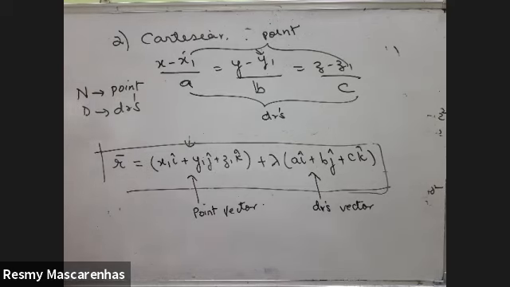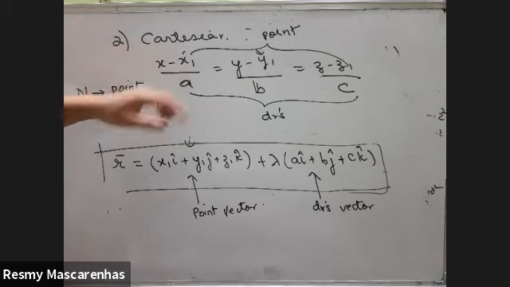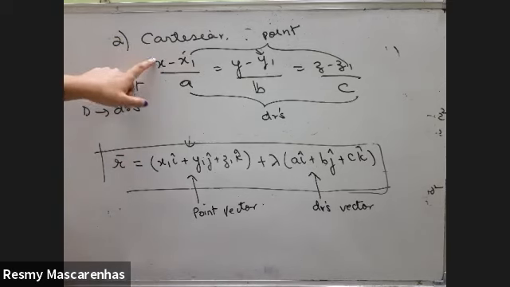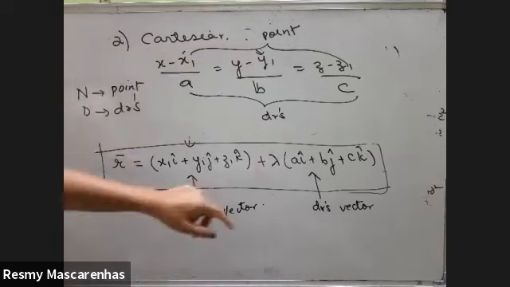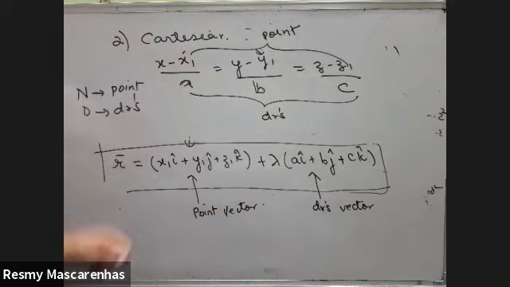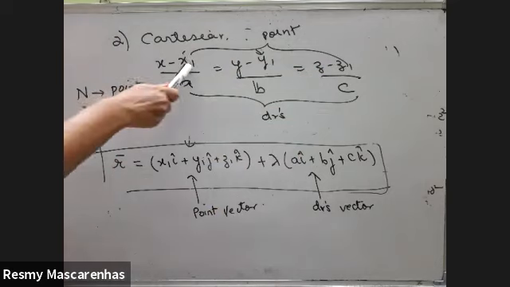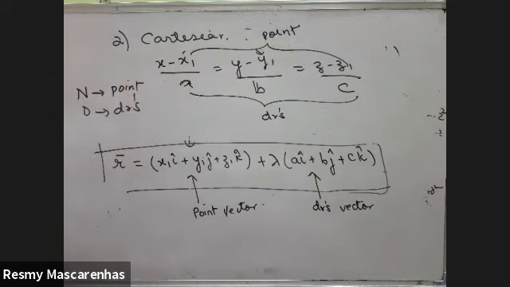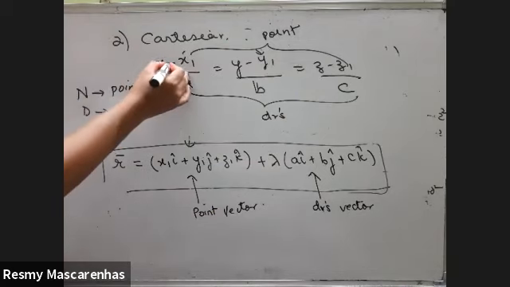Because there will be problems where the equation will be given and you have to locate the direction ratios. If I ask you what the direction ratios of this line are, you should not tell me x1, y1, z1. You have to check the denominator and tell me a, b, and c. What is the point? The point will be x1, y1, z1. And here this is minus, because it is already minus.